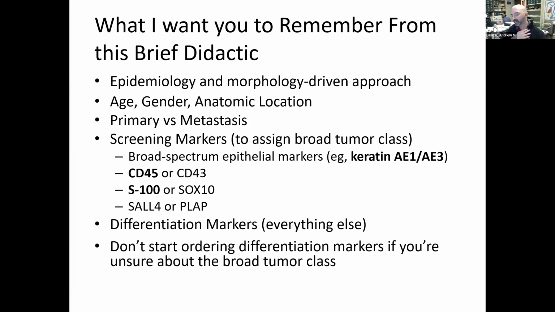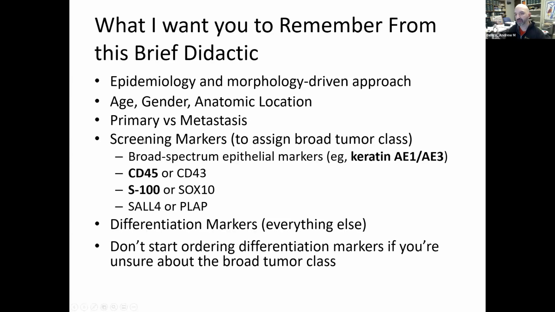When people encounter a tumor of uncertain lineage, they tend to forget the primary tumors that might arise at that site of origin, and they jump to metastasis. So I'll encourage you to always consider the primary tumors that might arise at that anatomic location.